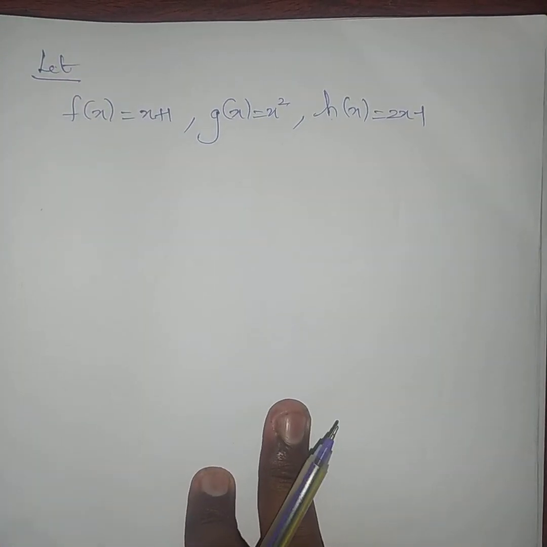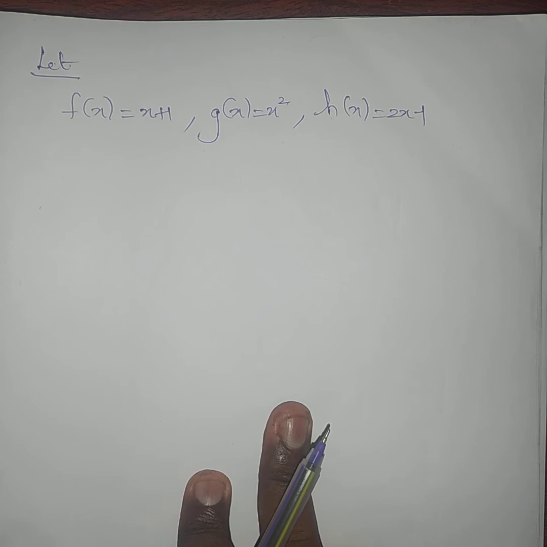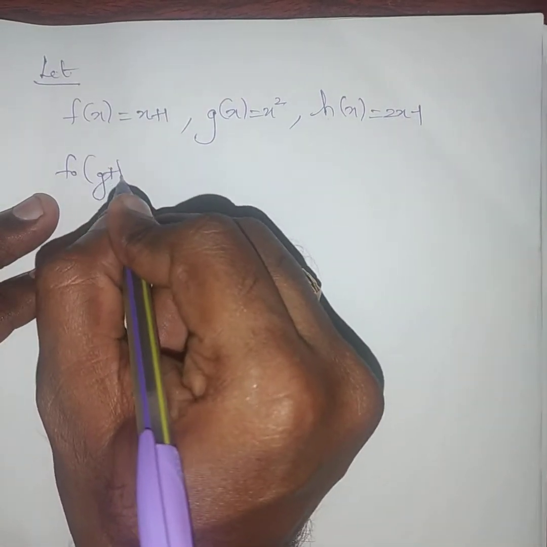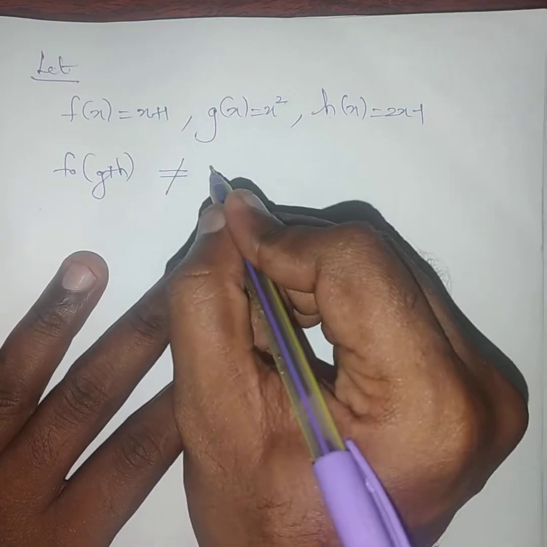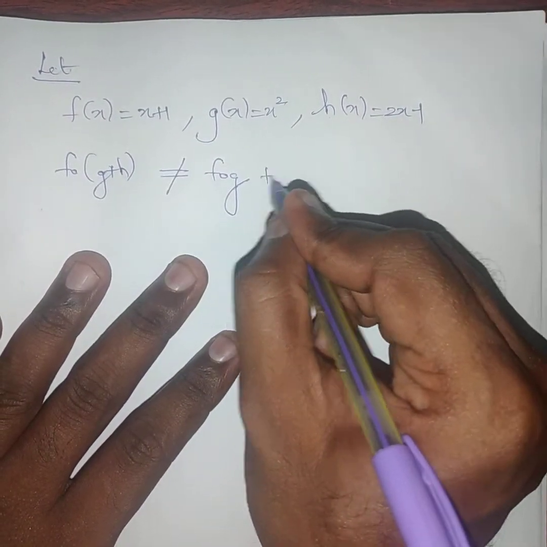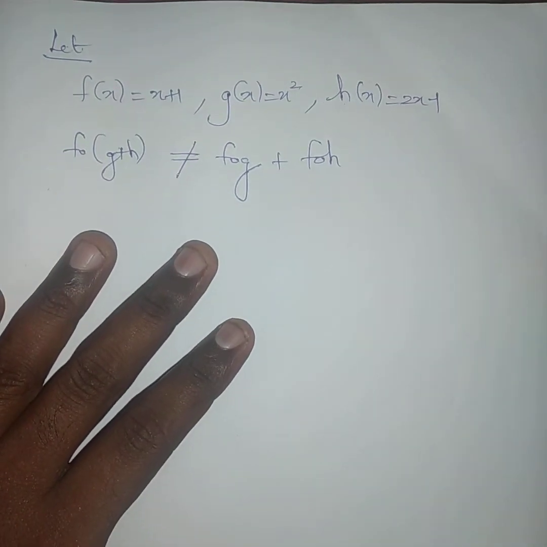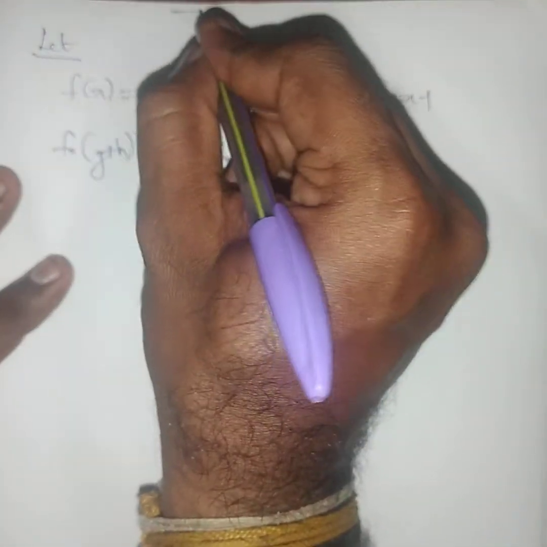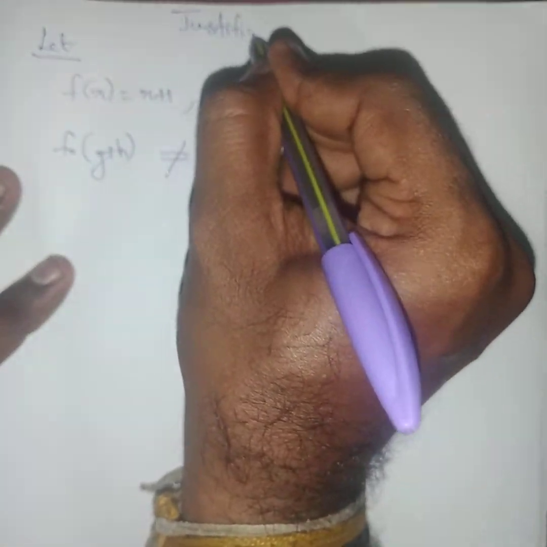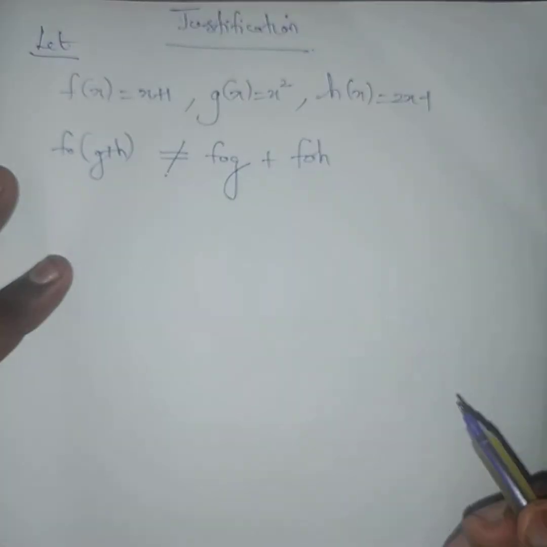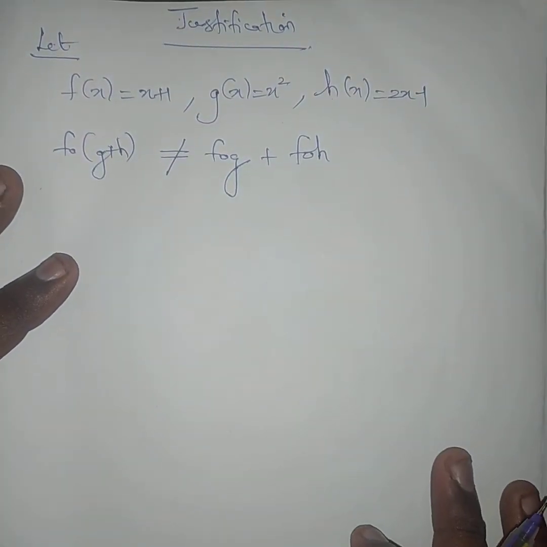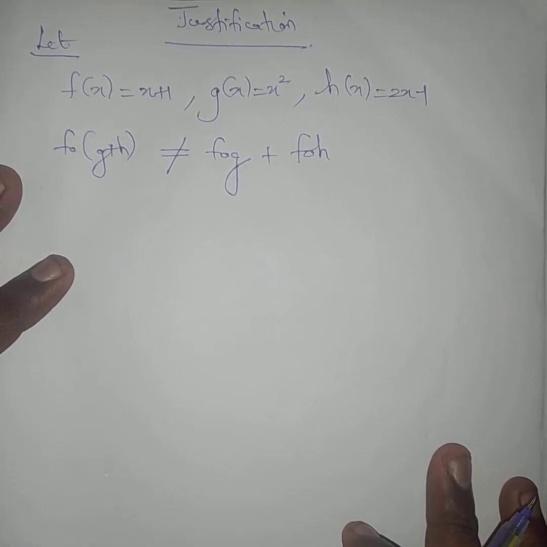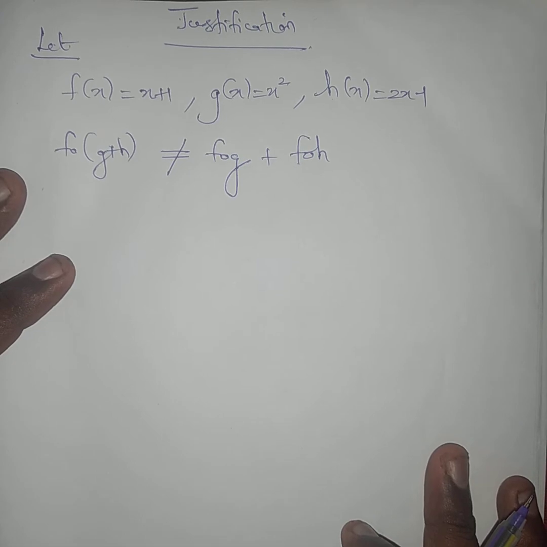We assume these functions, and I am going to prove that f composite (g plus h) is not equal to f composite g plus f composite h, with some examples. This is the justification. You can write justification as a heading also. Because I said it is not true, I need to justify the answer by giving examples. Without an example this is impossible.